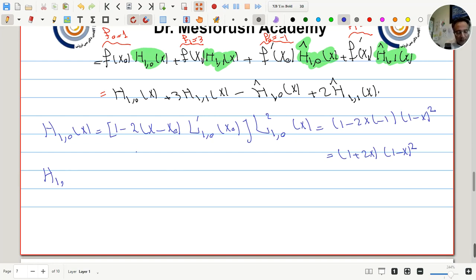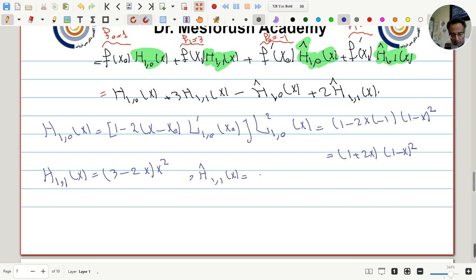You know it, and you can do it by yourself. If I compute H11 of x, it will be the form (3 minus 2x) times x squared, and also I need to compute H hat 11 of x.